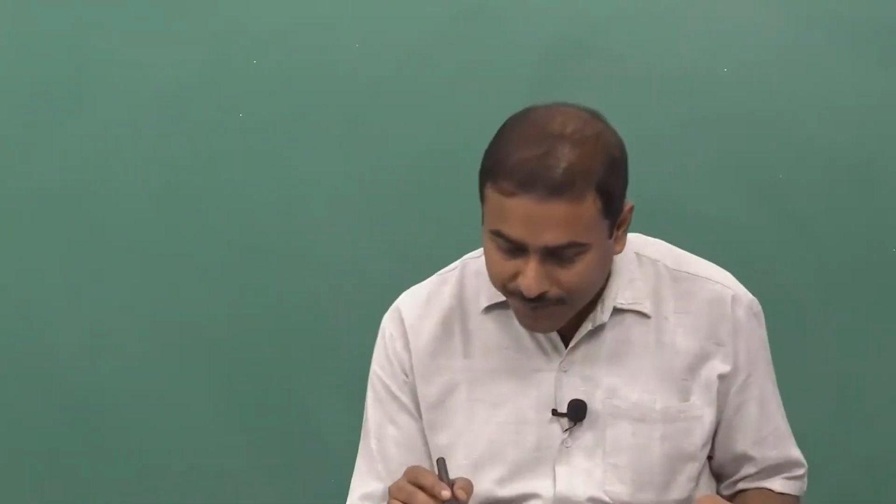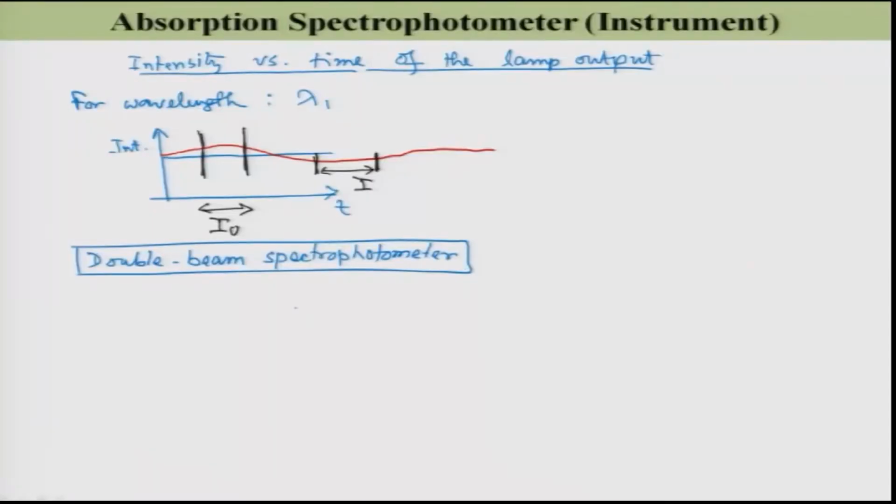So, simply what I will do is something like this. Let us say this is my spectral lamp, and this emits light, and the desired wavelength is selected by this monochromator.